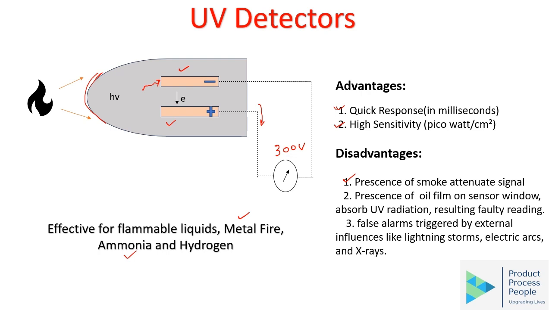And that results in faulty readings. False alarms can be triggered by external influences like lightning storms, electric arcs, or X-rays because they also belong to that UV radiation range. So there is a chance of false readings from them.